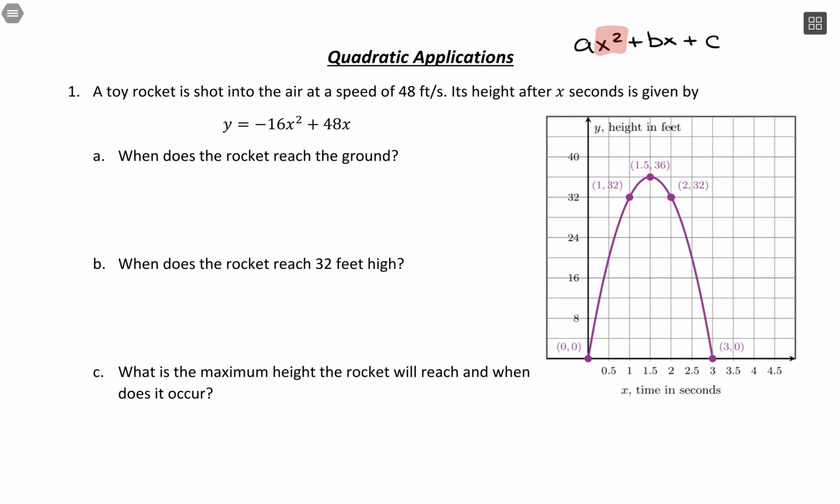So if we look at this example with the toy rocket being shot up in the air, and we're looking at its height after a certain amount of time, if we look at the equation, the fact that there's that x squared in there, and that there's no exponent larger than 2, so if we had an x cubed in there, that would turn it into something else. But the x squared is what makes it quadratic.